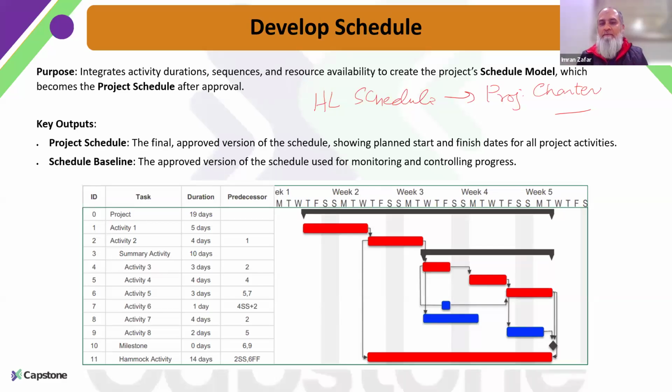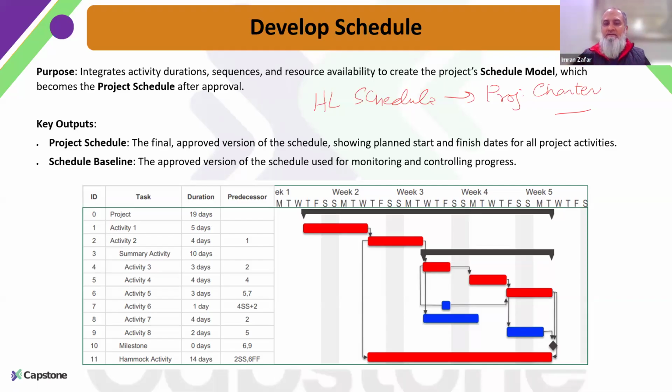Once you complete your schedule, you will be referring to your project charter and continuously trying to make sure that your schedule is aligned with your project charter and business case. And this is what you will then present to your stakeholders to gain their approval. They will also be referring to the project charter and the business case.